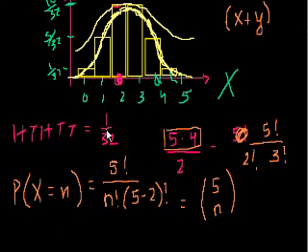And then we say, well, what's the probability of each of those? It's times 1 out of 32. So this is why it's called a binomial distribution. Each of the probabilities for each of the random variable values, you can figure them out by using your binomial coefficients.